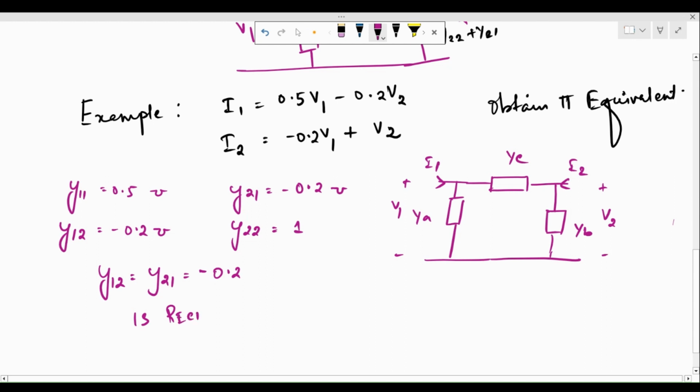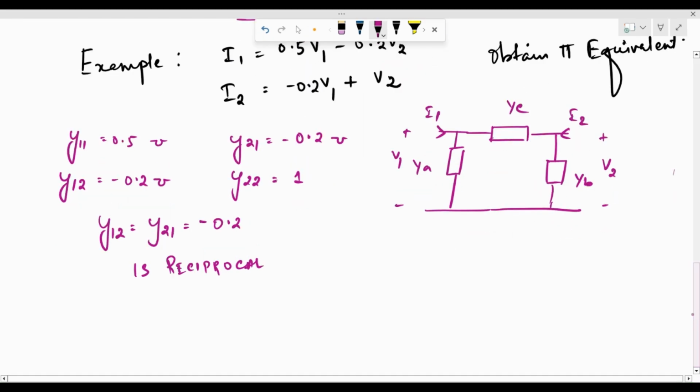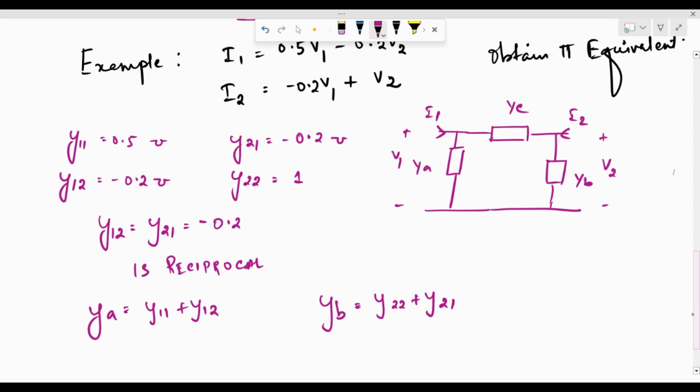So only when the reciprocity is satisfied, we can actually compute the pi equivalent for that network. So now we can say that YA is going to be equal to Y11 plus Y12, YB is going to be Y22 plus Y21, and YC is going to be minus Y12, which is minus Y21.